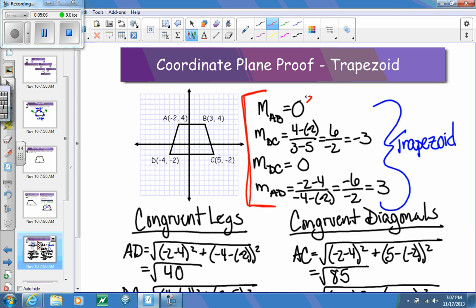And the fact that I only have one pair of parallel sides and the other two are not means that we have a trapezoid. By using the slope formula right away, this would tell you a lot of different things. Not only would it tell us if we have a trapezoid or a parallelogram, by looking at the slopes right away, you're going to be able to see if you have 90-degree angles.